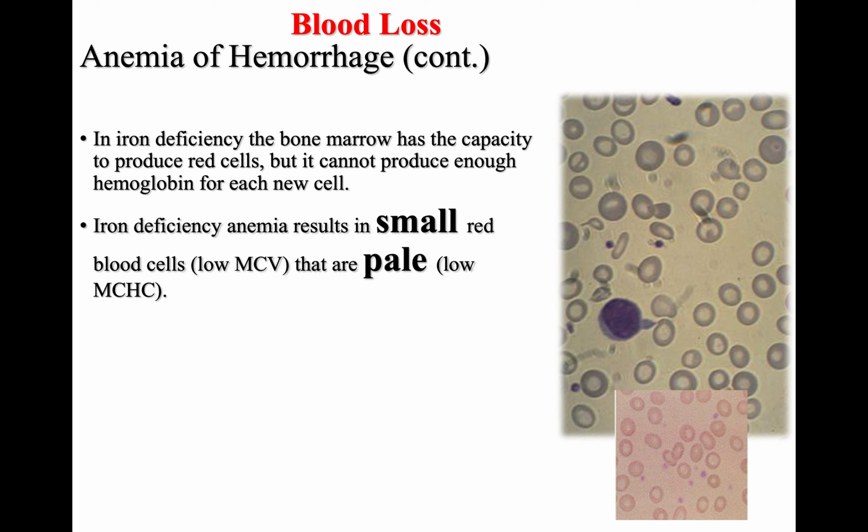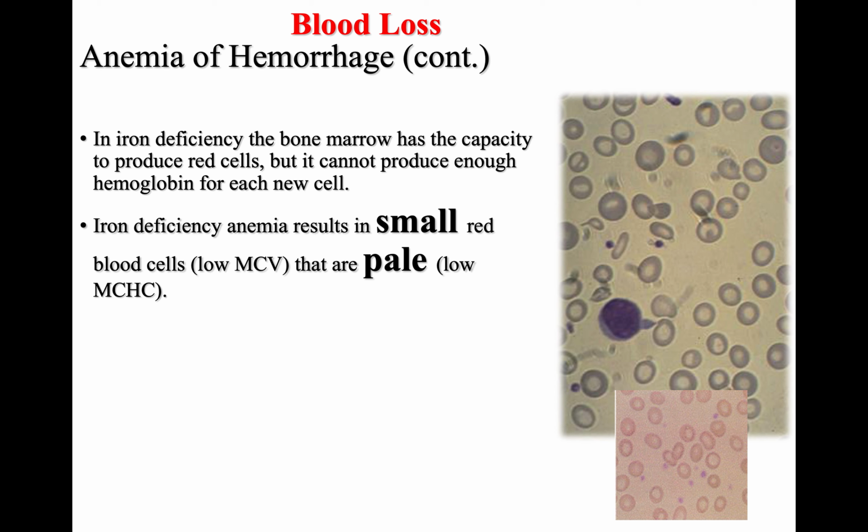In iron deficiency, the bone marrow has the capacity to produce red cells, but it cannot produce enough hemoglobin for each cell. Iron deficiency anemia results in small red blood cells, so there'd be a low MCV, and they're pale, so it'd be a low MCHC. Let's go back to see what those mean.